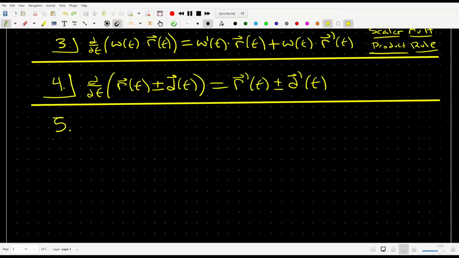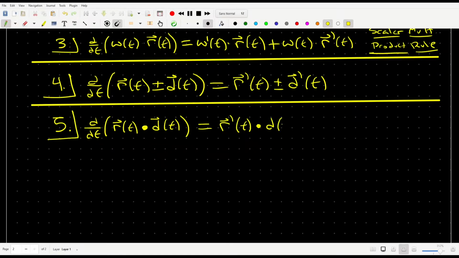Next one is, I think, a pretty interesting one. The product rule for the dot product and for the cross product still holds. And this definitely requires some investigation here. The derivative of r of t dot d of t will always be equal to r prime of t dot d of t plus r of t dot d prime of t.